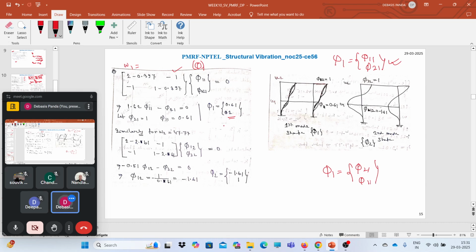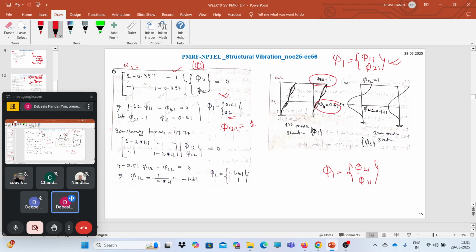For phi 2 1, I have considered it 1. Once we have this, we have phi 1, the first mode shape information: phi 2 1 is 1, and phi 1 1 is 0.61. So the first mode shape we have obtained.